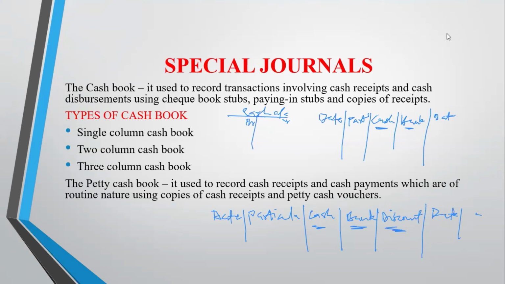Then we have the petty cash book. When we talk about petty cash, it is used to record cash receipts and cash payments which are of a routine nature, using copies of cash receipts and petty cash vouchers. It is used to record the petty expenses that occur in the business.